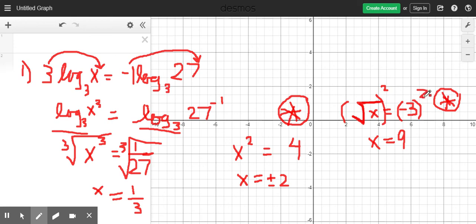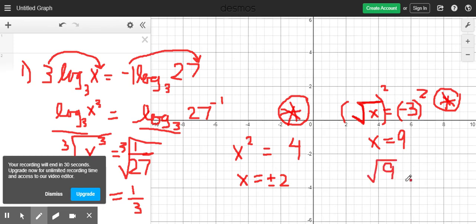If you're raising both sides to an even power, if you check your answer here, the square root of 9 is only a +3. Can't be a -3 because your square root symbol only refers to the positive. So there would be no solution on this one.